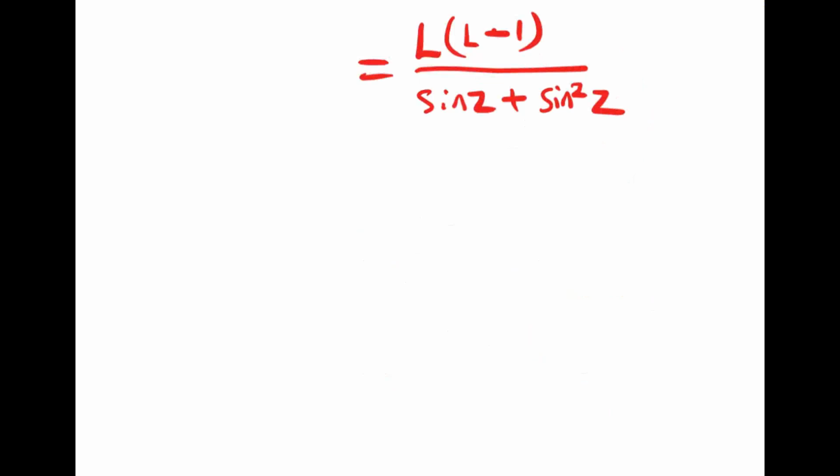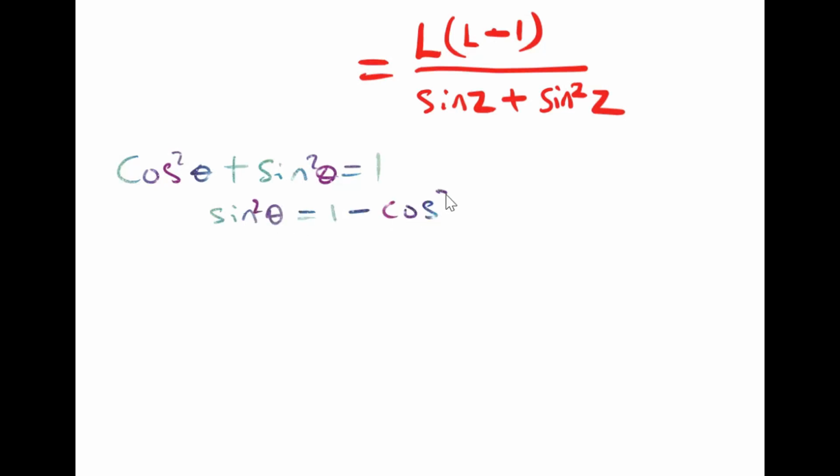Remember the trigonometric identity which says that cos square theta plus sin square theta is equal to 1. This implies that sin square theta is equal to 1 minus cos square theta, and sin theta will be equal to the square root of 1 minus cos square theta.